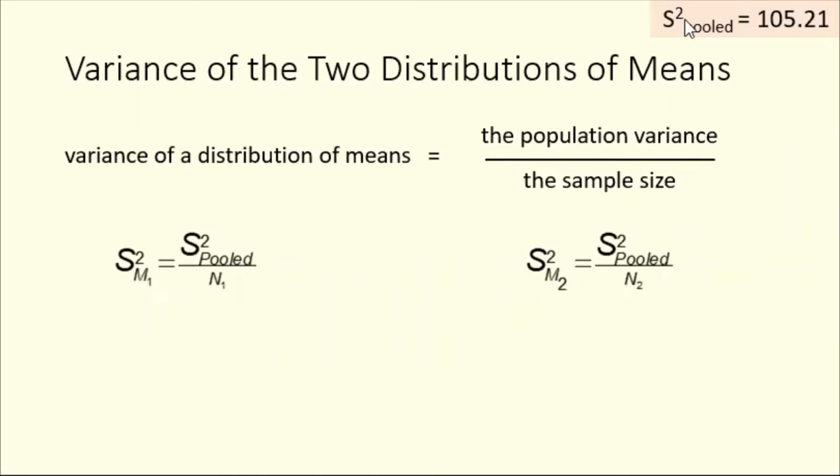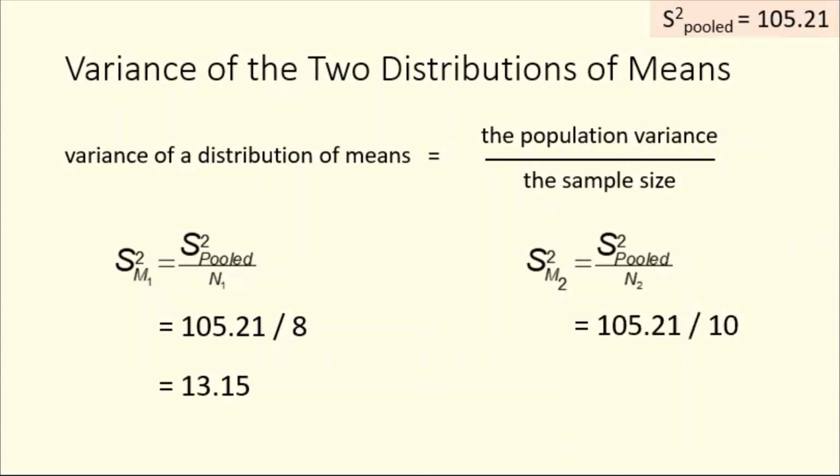And so we have our pooled estimate of the population variance here. Put it up in the corner there so that we can reference that. And again, we're dividing by the number of people in our sample here. So dividing group 1 by 8, and we get 13.15. Taking the pooled estimate of the population variance, dividing by the number of participants in group 2, and that's 10, and we get 10.52.